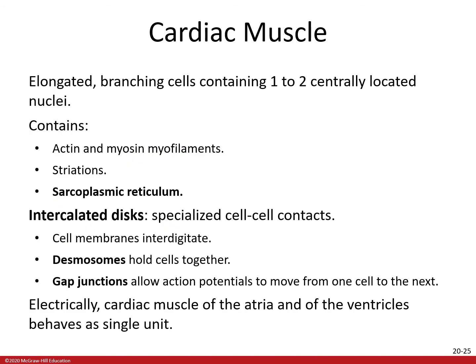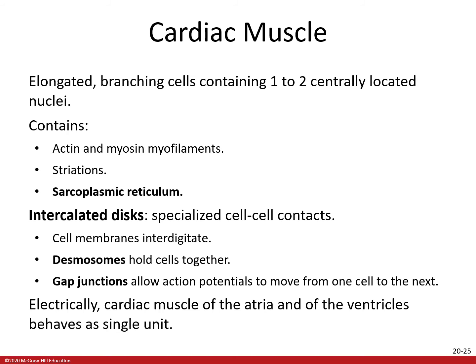All right, moving into specifically cardiac muscle tissue. So if you were able to see some cardiac muscle tissue from the first part of A&P, you know that it looks very similar to skeletal muscle tissue, but there are some big differences. So cardiac muscle tissue is going to be nice and elongated.